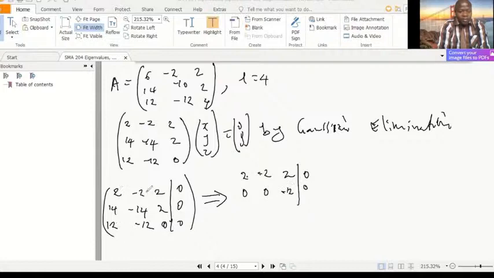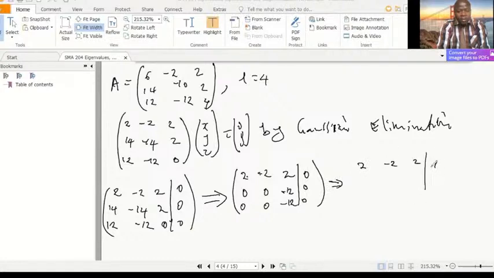Now multiply the first row by 6 and subtract from the third row to get a 0, and by 6, get 12 from that. Of course, the second and third equations are similar. The rows are similar.